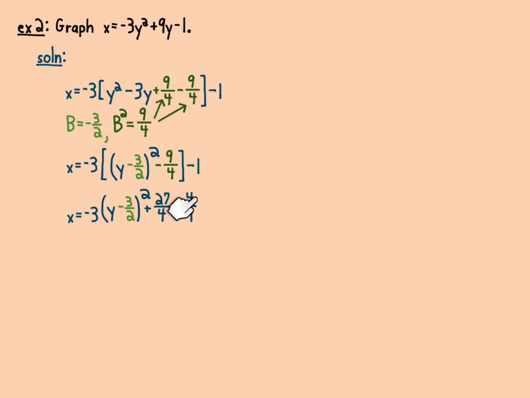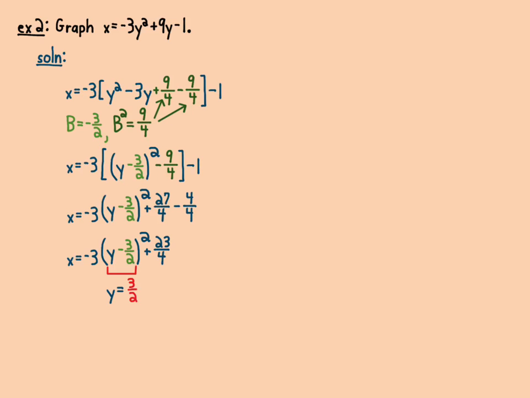And so that'll obviously be 23 over 4. So I get x equals negative 3 times the quantity y minus 3/2 squared plus 23/4. Okay, so now it's in the proper form, a standard form for the equation of a parabola. And now I can figure out what the vertex is and the axis of symmetry and graph it.